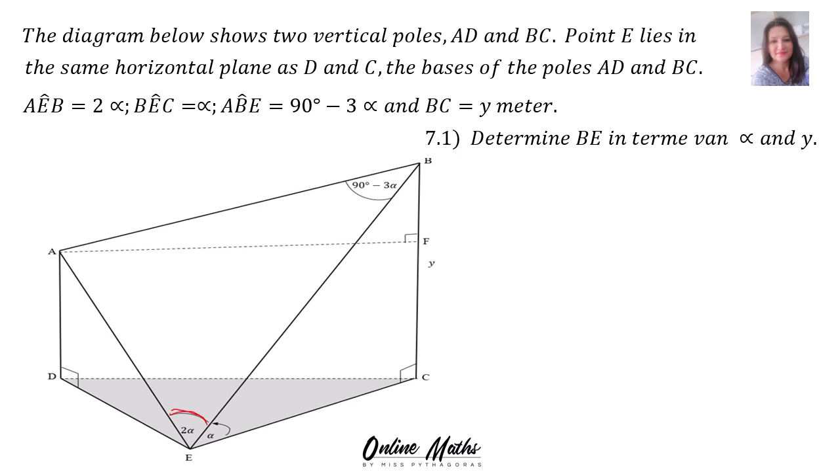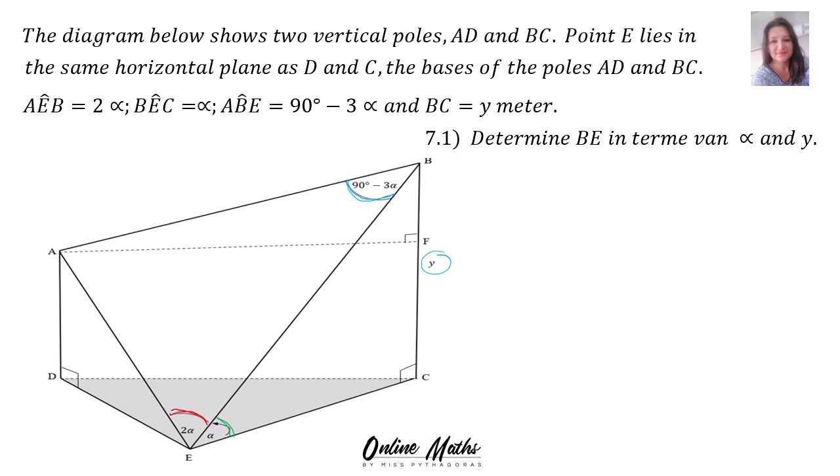And angle BEC is alpha. It's this tiny little one there. And furthermore, angle ABE, which is this one, is 90 minus 3 alpha. And BC, this whole length, is y meters.